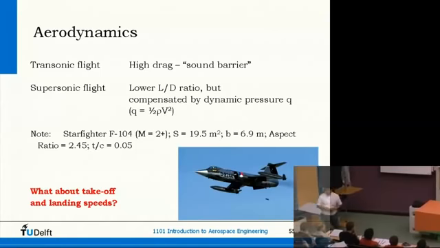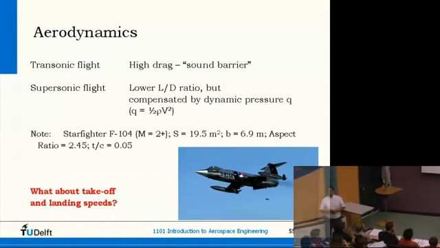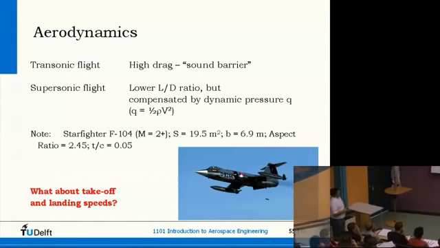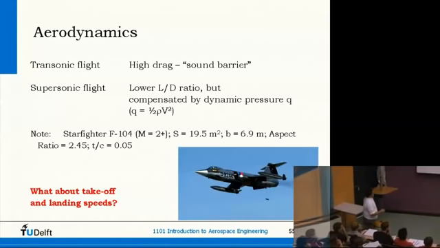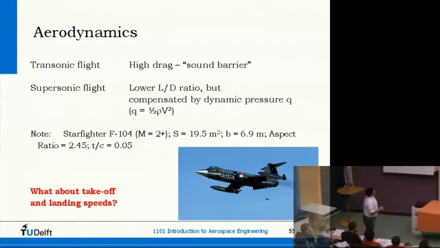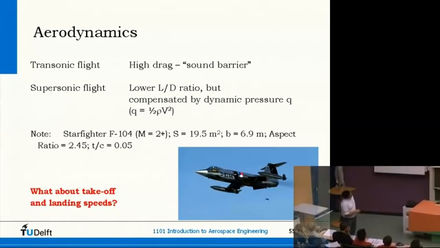Okay, so in the transonic regime, close to the speed of sound, close to Mach 1, you have in many cases a very high drag. At supersonic speed, you have maybe a lower L/D ratio, but a much higher speed. So the dynamic pressure is compensating for that.